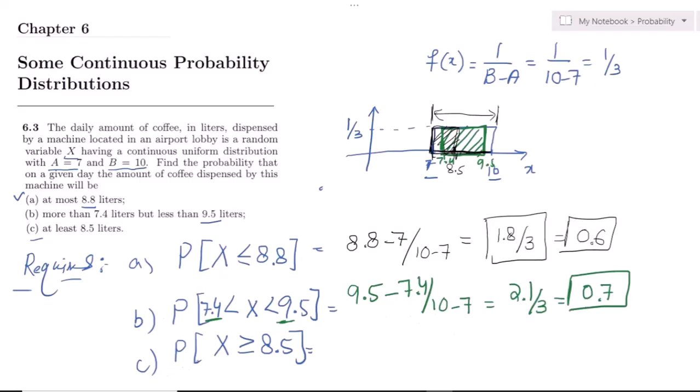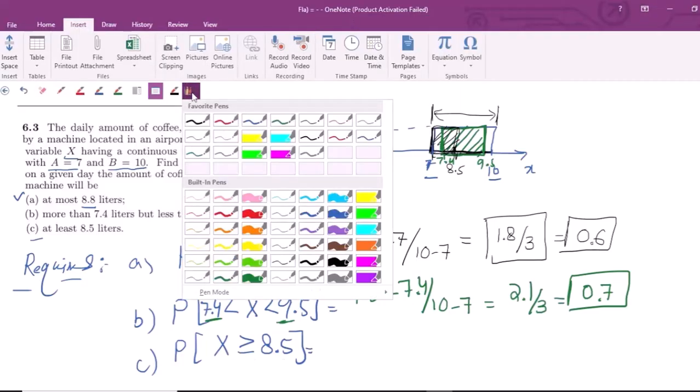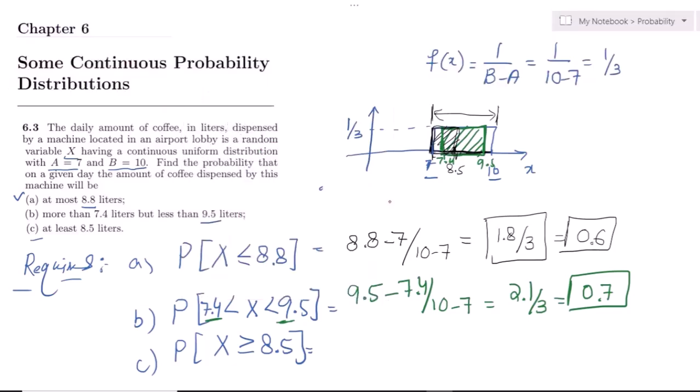In part C, we have to find the probability that x is greater than or equal to 8.5. So let me use another color for it, this red color. Now 8.5 is given, so let me have here this 8.5, and it should be greater than this, so it is now here.